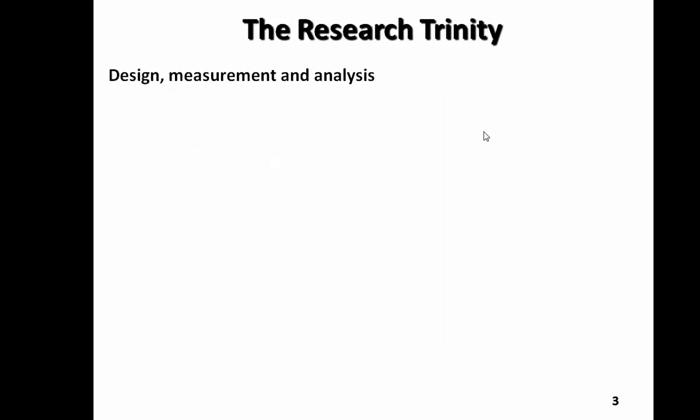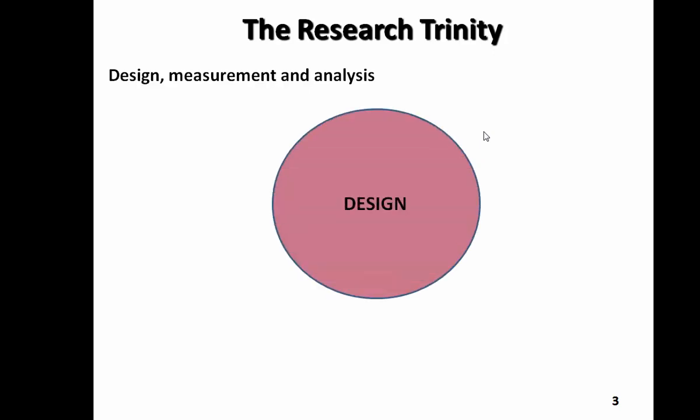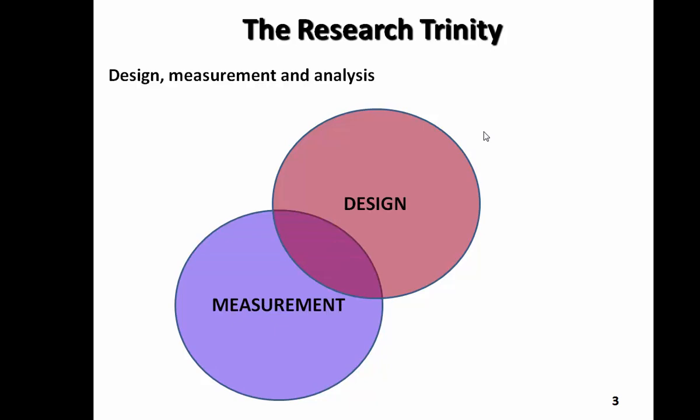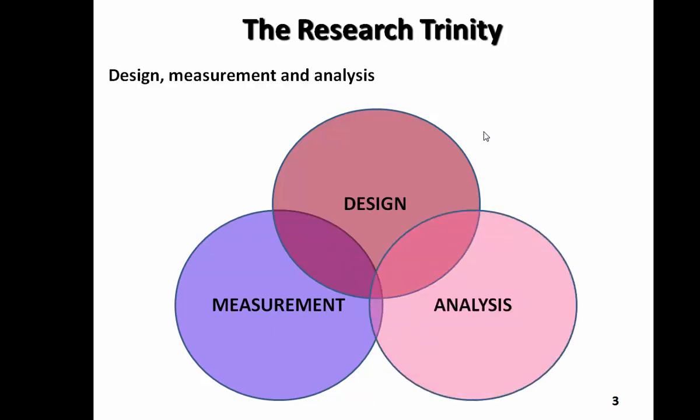One way to describe the research process is through what's often referred to as the research trinity, which involves design, measurement, and analysis, which are three subsequent stages that overlap. And the overlapping aspect of the research trinity is critical in order to develop sound research practices.